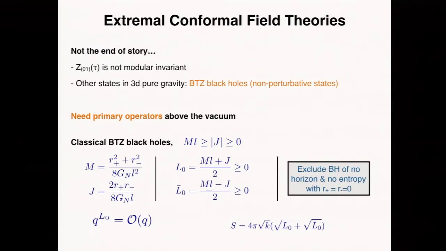So if we exclude the black holes of zero horizon and zero entropy, in some sense massless black holes, then one can see that the non-perturbative correction of BTZ black holes will give a correction to the partition function of order q, because L0 will have non-negative contributions. And for these quantized corrections, the entropy will be given by this formula.